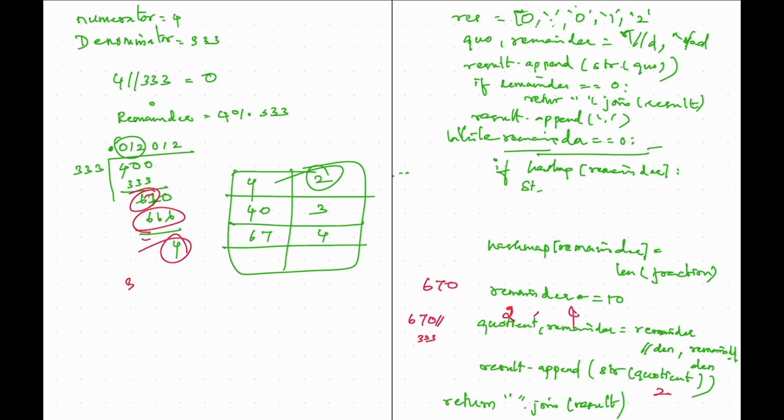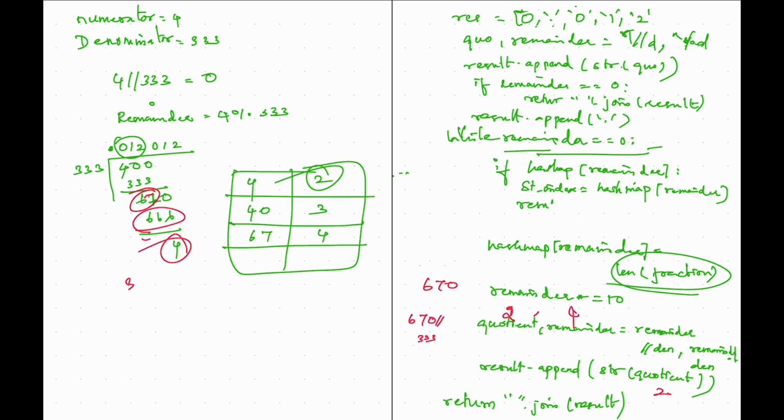So the start index will be taken from the length we kept storing every time. Before the starting of this remainder, how many lengths exist? 2. So here you have to append the bracket. That's what we are doing, that's why we are updating the length there. So the remainder will give us the start index now.